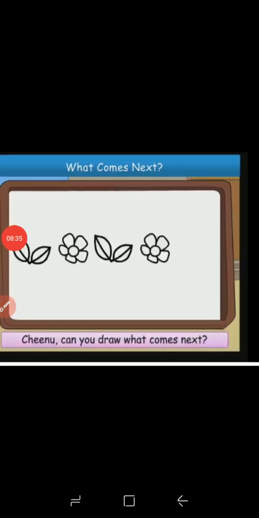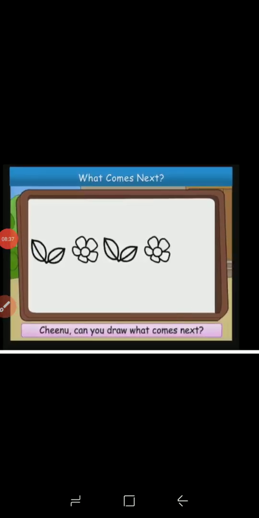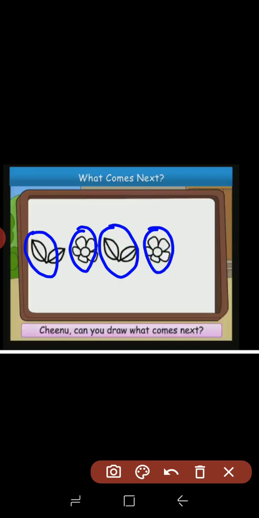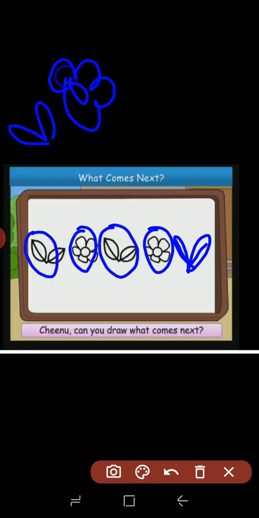Then observe this picture again. Can you draw what comes next? Yes, two leaves are there, then one flower, again two leaves, then again one flower. Then what comes next? Yes, again two leaves. Okay, then you can also draw two leaves, one flower, two leaves, one flower.